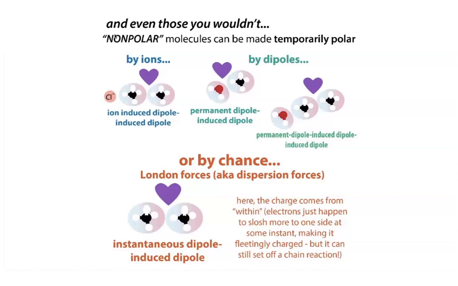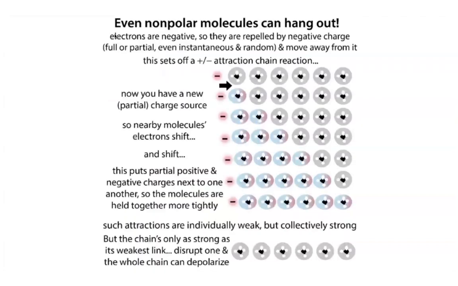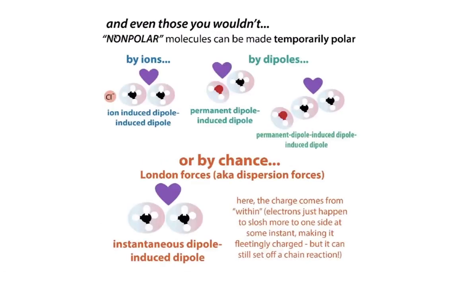This can kick off a chain reaction where the molecules form a temporary strengthened network. But if one of those depolarizes, then this whole thing breaks, so these can be very weak. Somewhere in between, you can get induced dipoles from things like another dipole or an ion. These would be dipoles that are induced by something, but not just randomly happening.